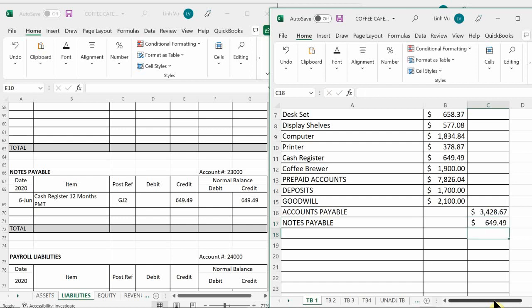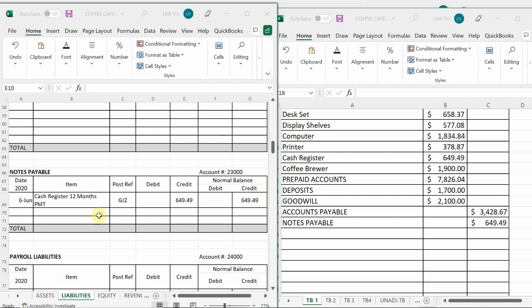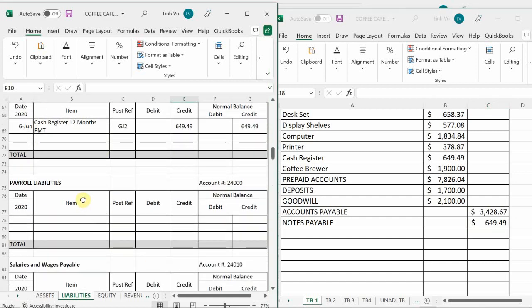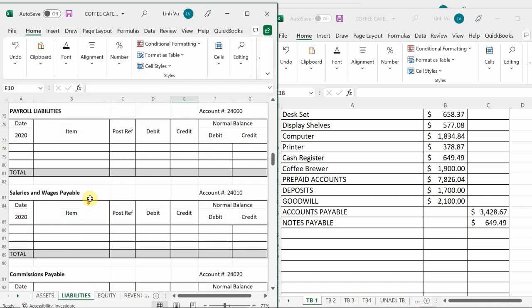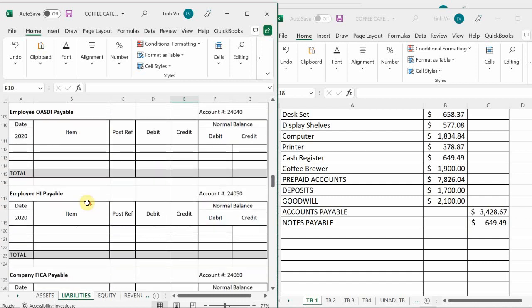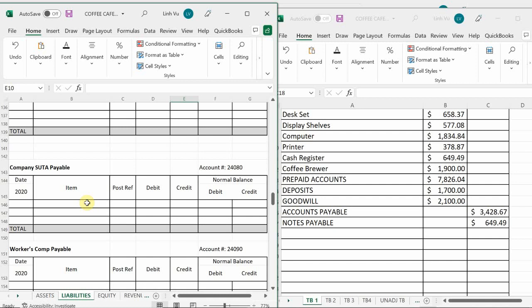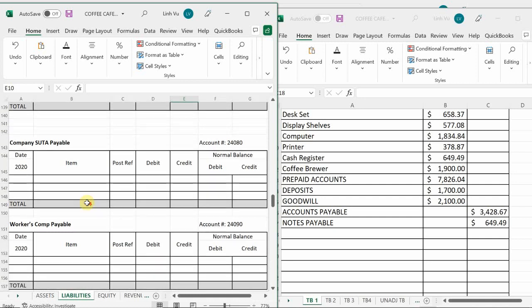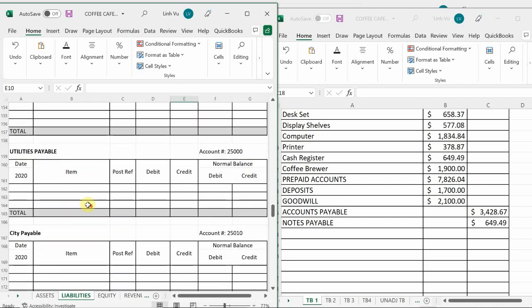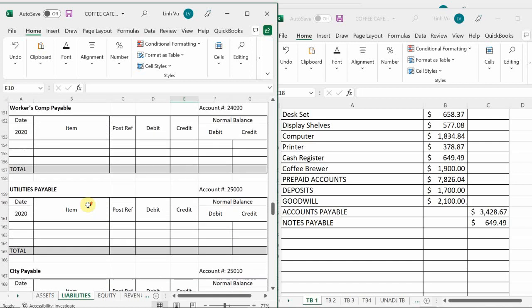Right? We created an account payable for my register. Okay. Next section is payroll liabilities, right? We haven't even had any employees yet. We didn't hire anybody to work for us. So in this case, nothing in the payroll liabilities, okay?